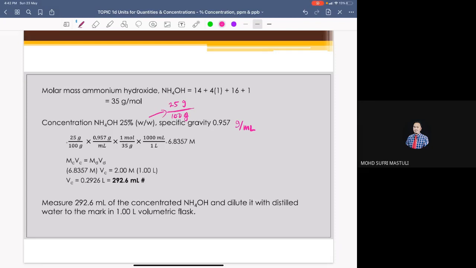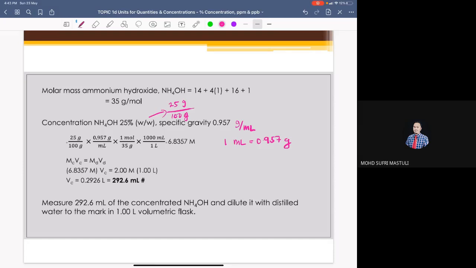So we want to know the... okay. So this one we know the specific gravity of the ammonia is 0.957 gram per milliliter, meaning that 1 milliliter is 0.957 gram.